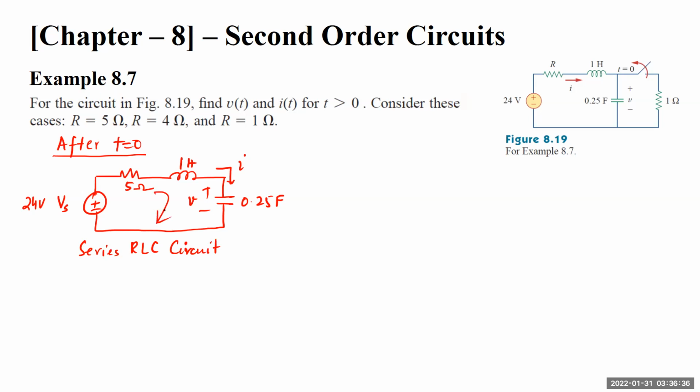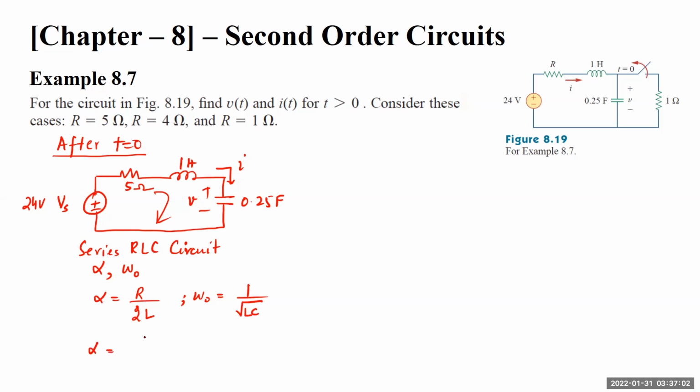So we know that for such a circuit, we first have to find out the value of alpha and the value of omega naught, and from this we have to see what is the relationship between these two. Alpha for this circuit is R divided by 2L, and omega naught is equal to 1 by under root LC, right?